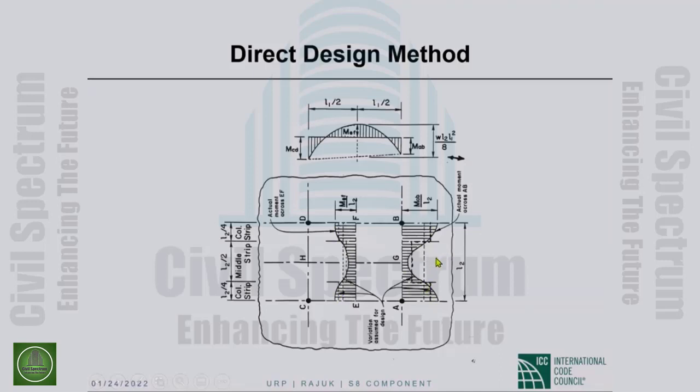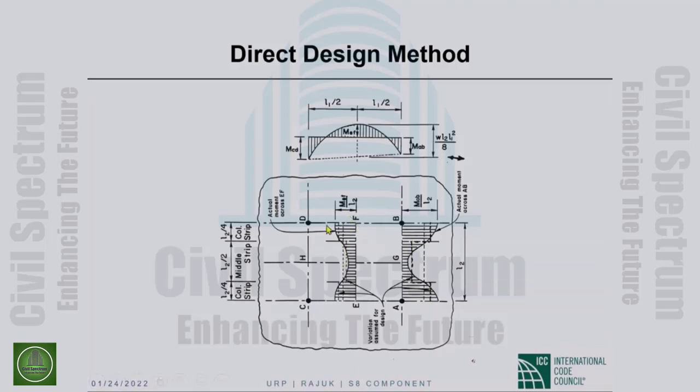In reality, we assign 75% of the negative moment to the two half column strips and 25% to the middle strip. Okay, 75-25 distribution.